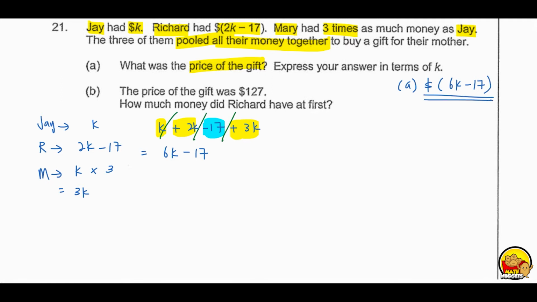Then part B, the price of the gift was $127. We're trying to find Richard's money at first. So now we're going to have to equate this. That means we know that 6K minus 17, the cost of the gift, is equal to $127.